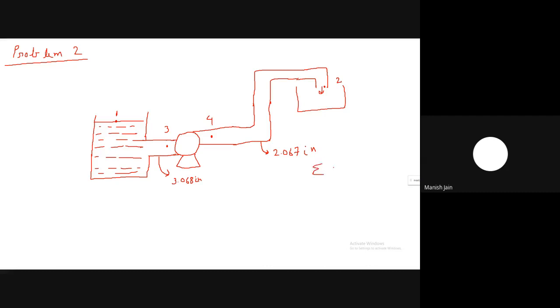So the overall friction loss in the system F is 10.0 feet per pound force. And this is the unit in the FPS system.